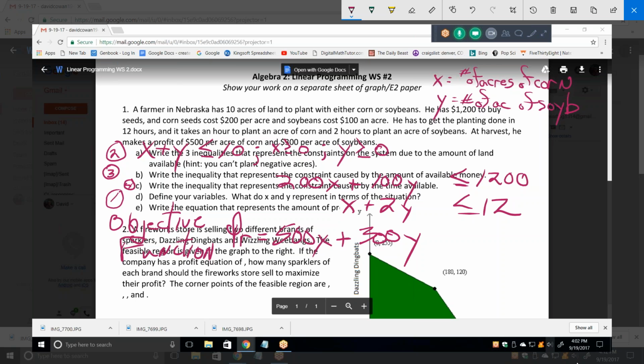Now, the next thing you have to do, I'm trying to figure out how to show it because I've run out of space. I'm going to do it over here. I'm going to do it tiny, which will be okay.